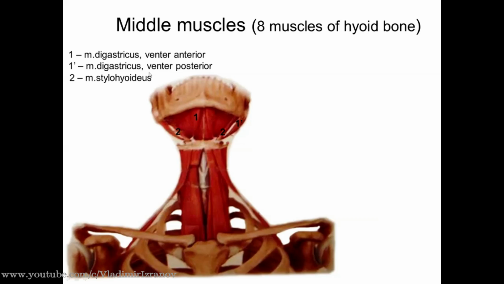Okay, you can see that musculus digastricus venter posterior, number 1 with apostrophe, and musculus stylohyoidus are placed closely to each other.